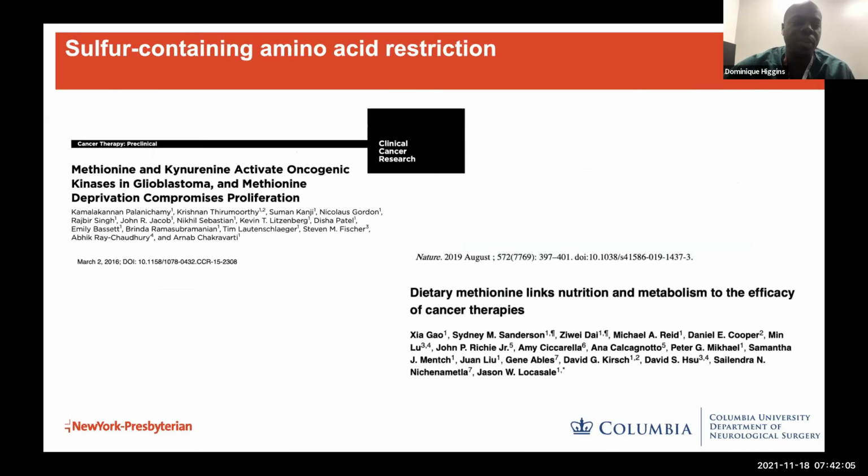And there's some precedent for methionine restriction in cancer. A few recent articles showed that methionine restriction does sensitize gliomas to chemotherapeutics. And they did one-carbon tracing to show that it's very efficacious in terms of its ability to enhance chemotherapeutics.